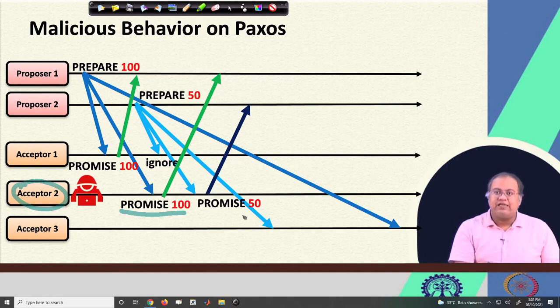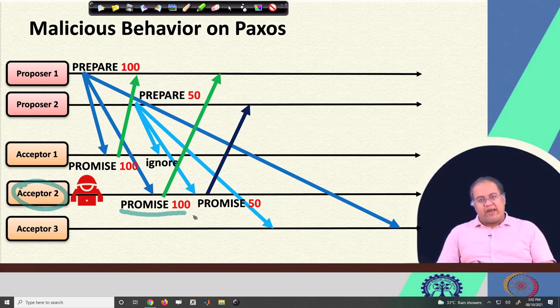Now let us see what blunder acceptor 2 has done by sending this promise 50, violating the basic principle of Paxos and trying to deceive the network from its normal behavior into some kind of malicious behavior. This is one type of malicious behavior that can be done by an attacker: rather than sending the intended message, you send a different message through which you try to deceive the network from its regular behavior.